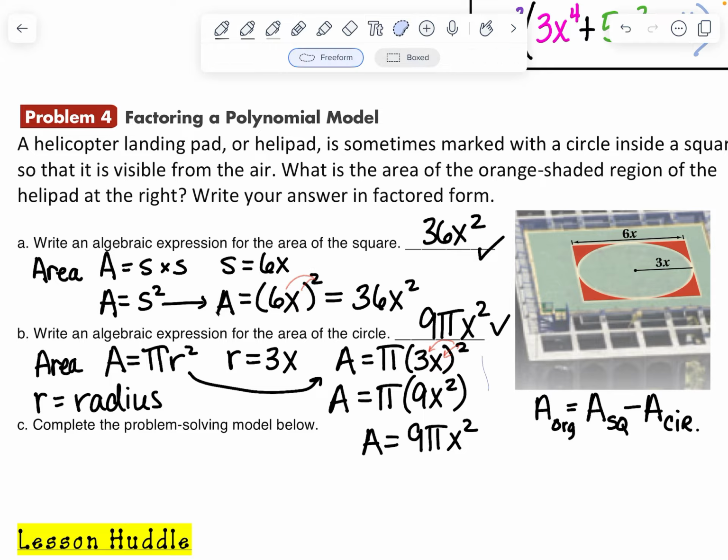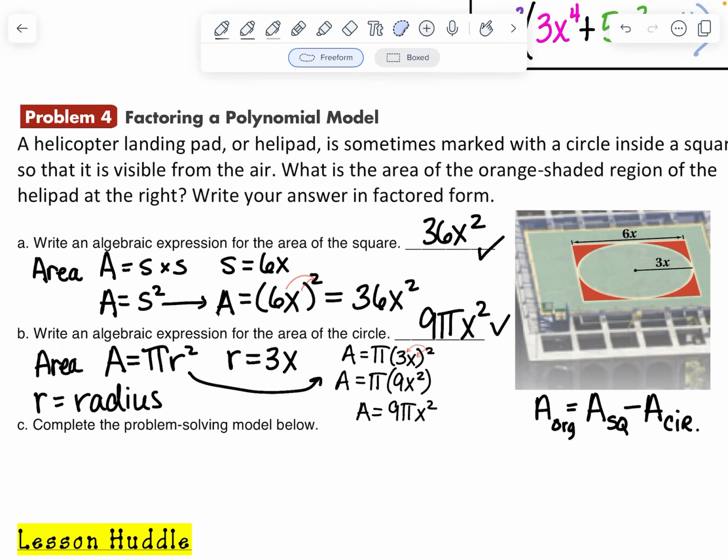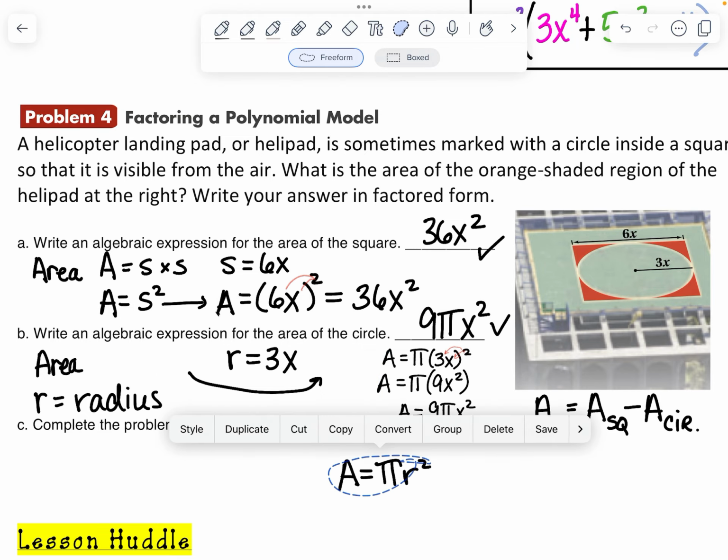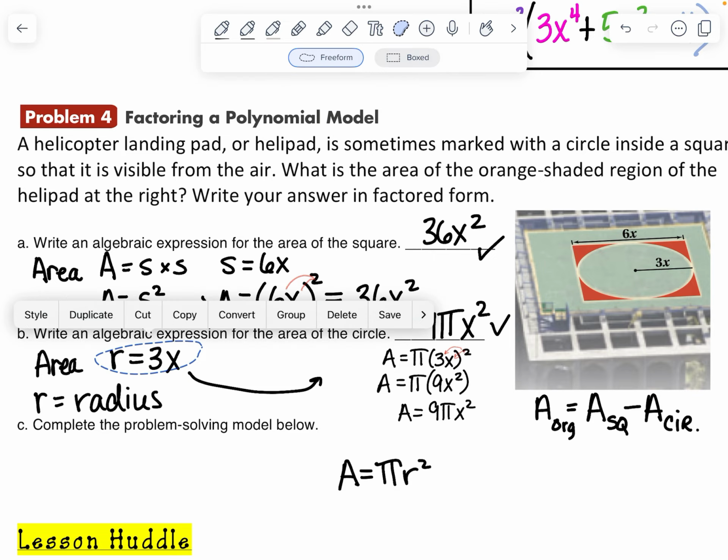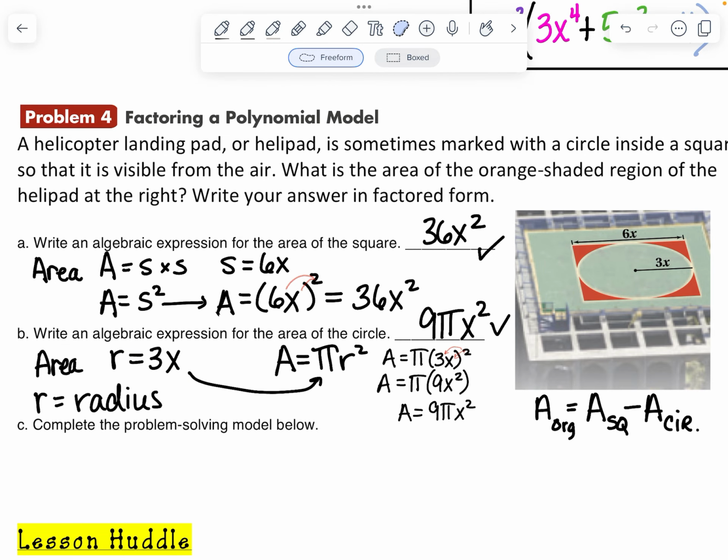I'm going to scrunch this down a little bit, though. Okay, so all we did was we took the function, area is equal to pi r squared, r was equal to 3x, and I'm just moving this around to put it around the actual input.